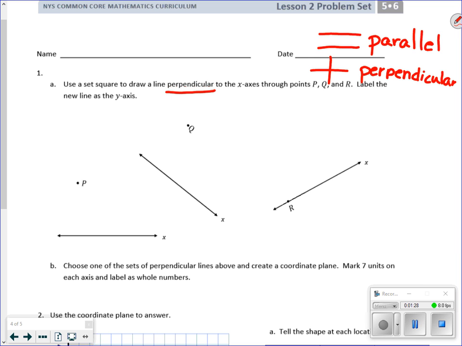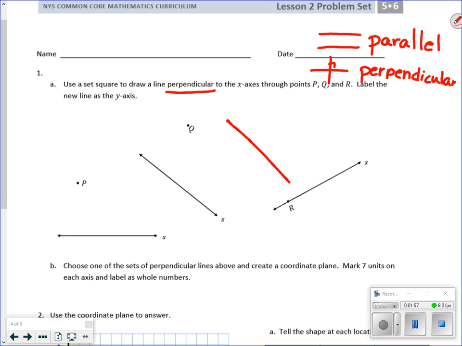Now when they're saying a set square, because the thing about lines being perpendicular, are those perpendicular? No, they don't have to be a right angle. They do. So it has to make a right angle. It has to be straight up and down. This one has to be like this. So now it doesn't matter that this is at a diagonal.